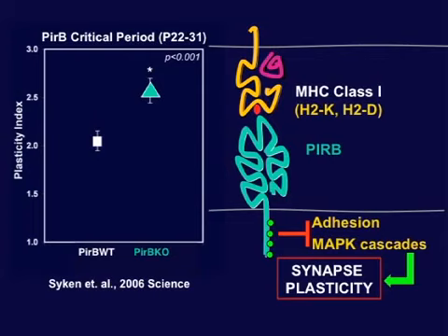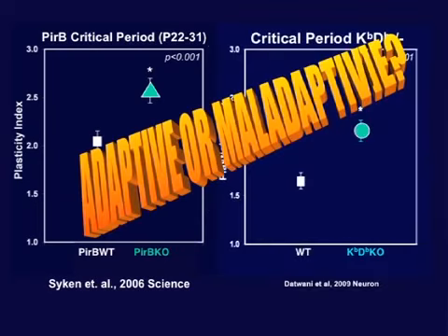Okay, so we reasoned that if MHC class 1 ligands are binding Pier B and signaling in such a way that if you knock out Pier B, then the brake comes off and you can get more plasticity, then if we delete the ligands, namely K and D here, that's the hypothesis, then we also should get extra ocular dominance plasticity.